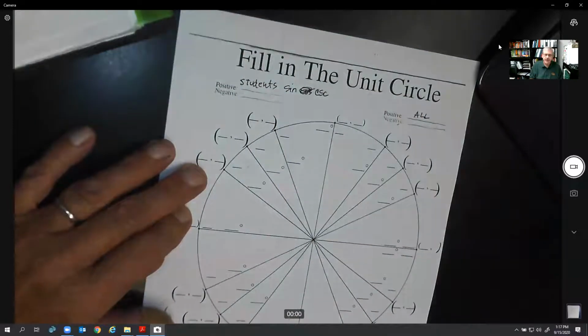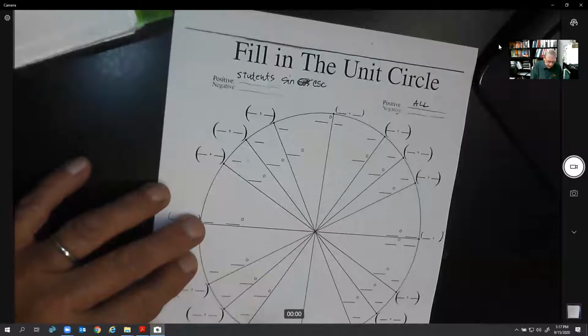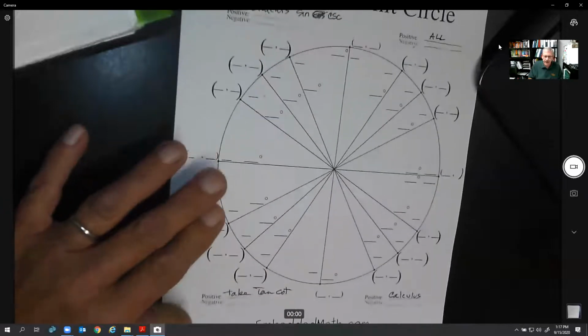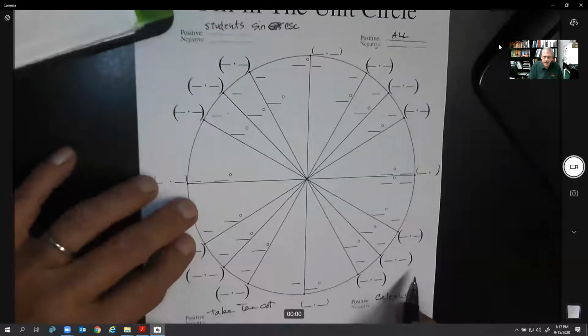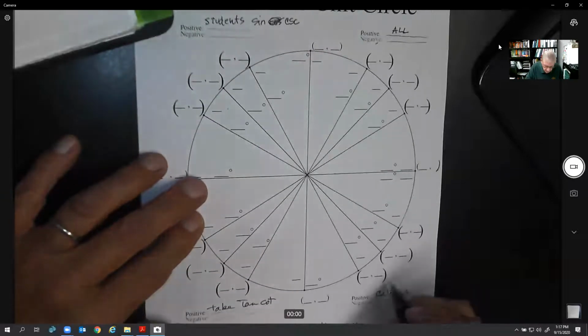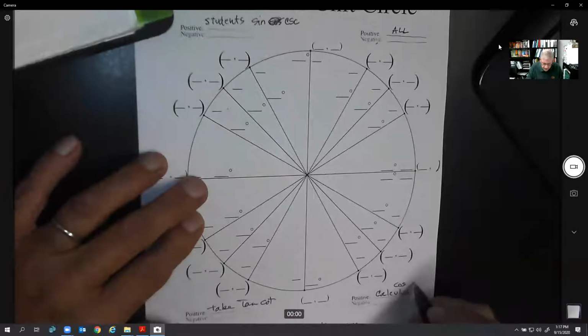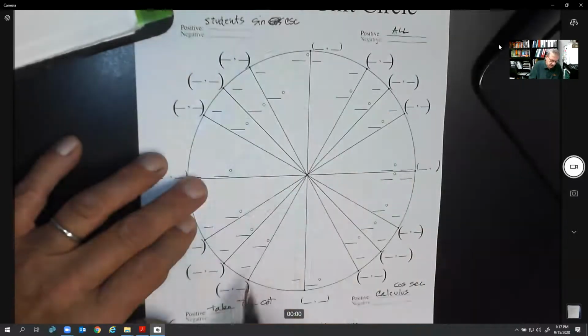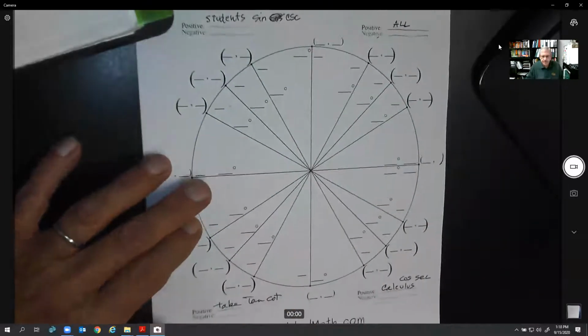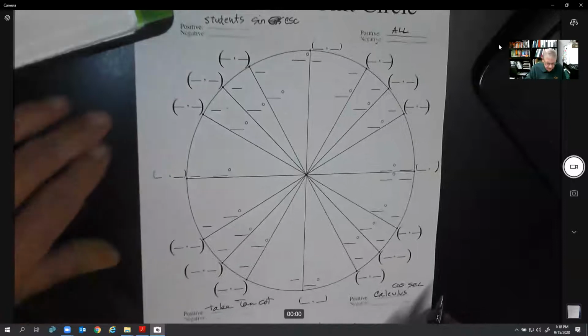Sorry. And here it would be tangent, T for tangent, and cotangent. And down here, it would be calculus, cosine and secant. All students take calculus.